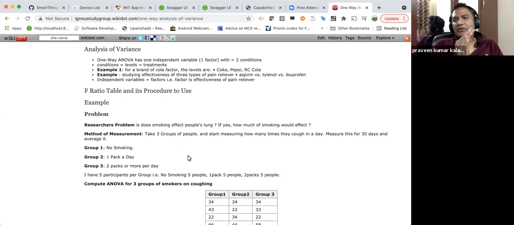If this variance goes beyond this, then definitely I can say there is a difference. ANOVA also uses the same technique, where you calculate variance and then determine whether it is significant. If the variance is less than 0.6, I don't have enough guts to say that they are different.